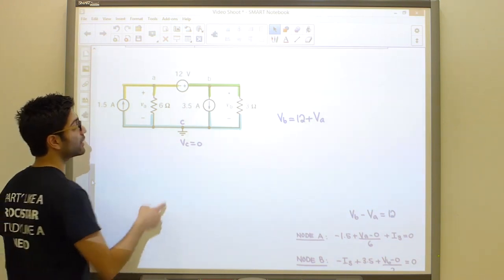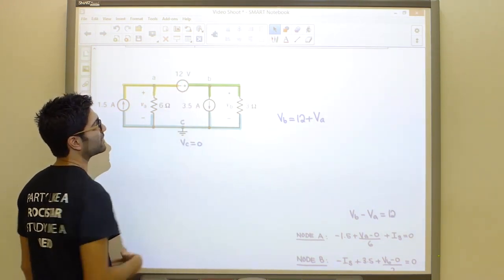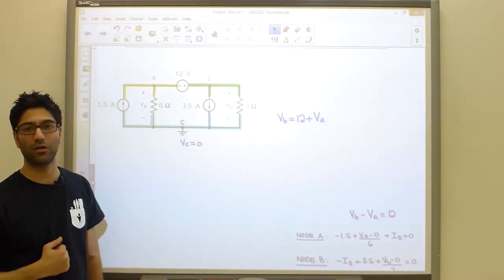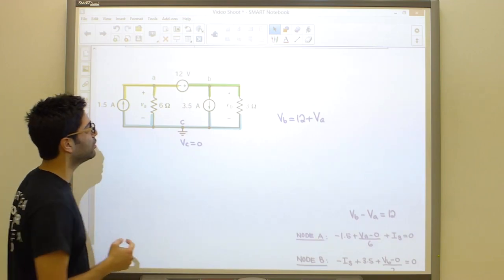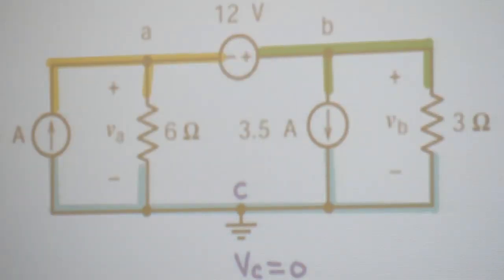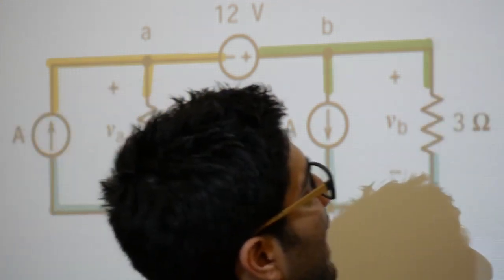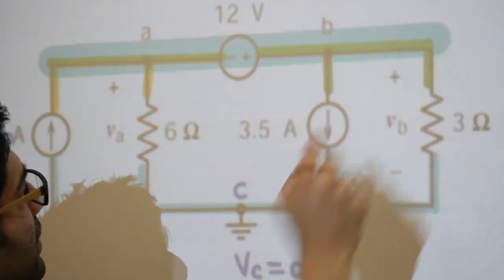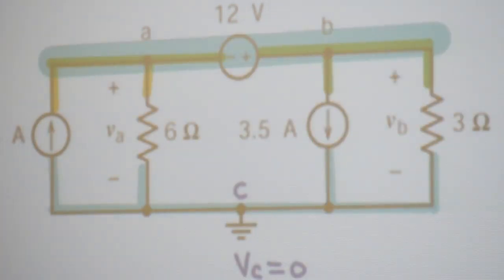In this particular case, this guy is causing a problem because it is creating an additional variable IS, as we saw. So what we're going to do is we're going to kind of merge these two nodes together, thereby creating our supernode. So we're simply going to pretend that this guy is not there, and all of this is one big node.